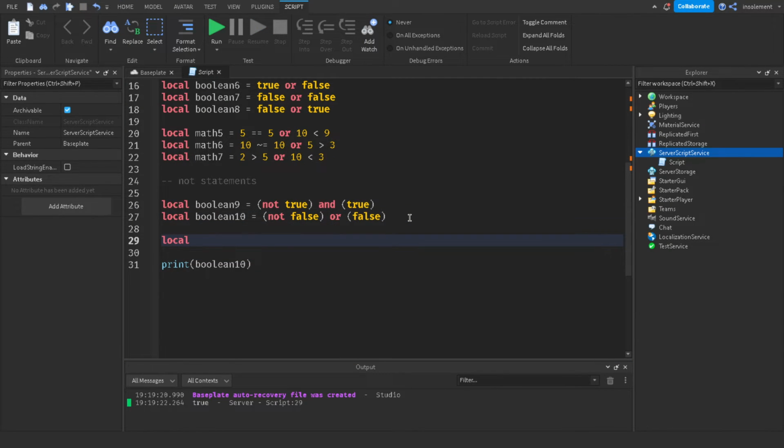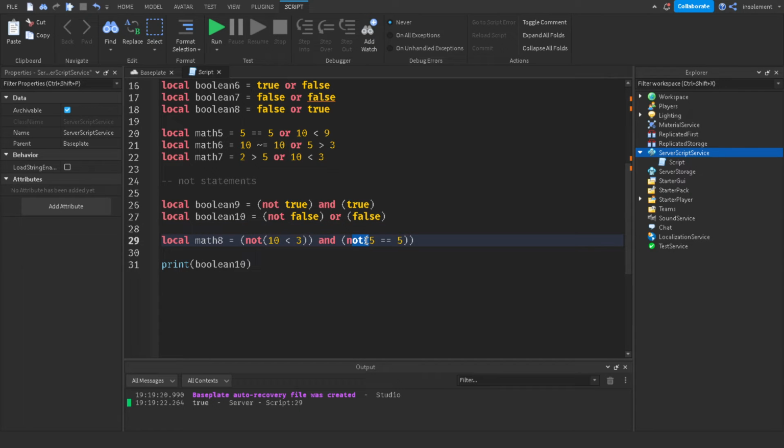Same goes with math. So if I were to do not 10 less than 3 and not 5 equals 5. Okay, so 10 is not less than 3, so this would be false, but our not here flips it to true. 5 is equal to 5, this would be true.